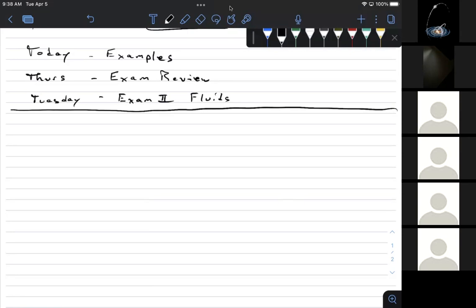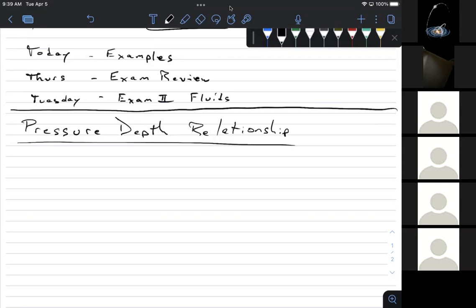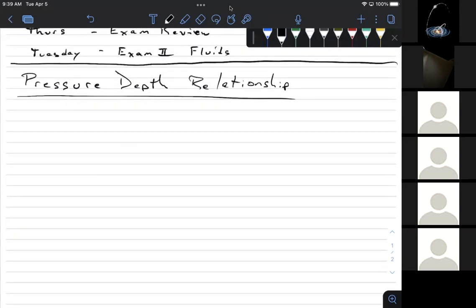Last time, we introduced what's called the pressure depth relationship. And basically what this is, is an equation, a way to predict how much pressure you would expect an object to feel because they are inside of a fluid.